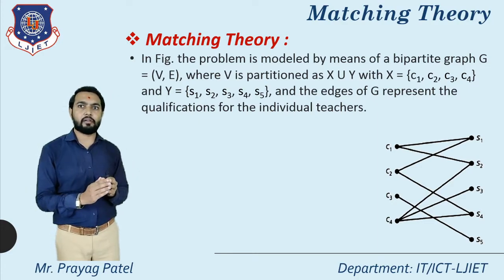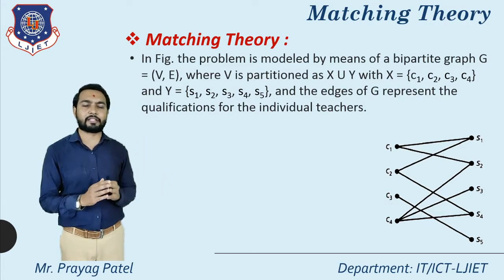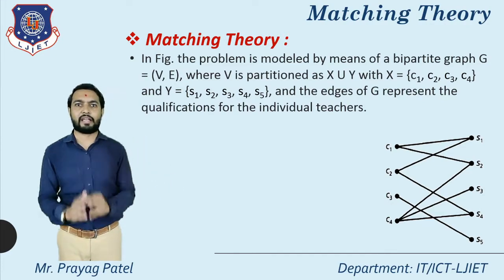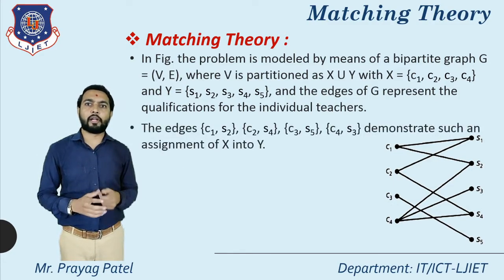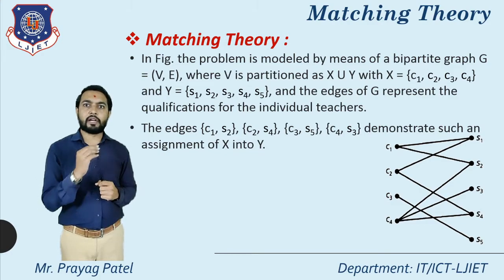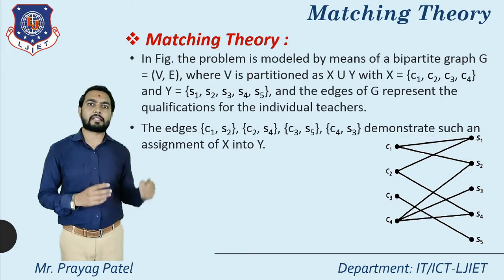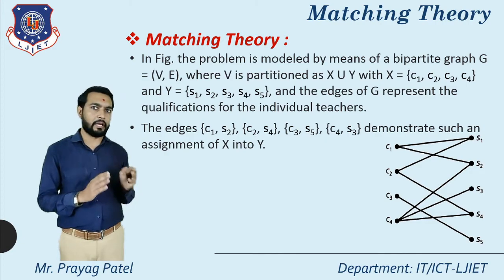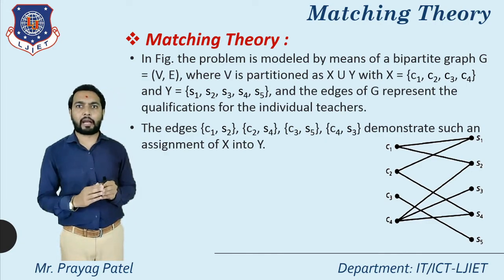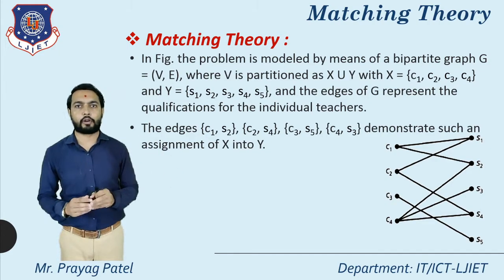This is the given qualification or interest, and you have to assign subjects to faculty according to their interest. Now the edges C1 S2, C2 S4, C3 S5 and C4 S3 are considered the solution for this assignment problem. That means assign subject 2 to faculty 1, subject 4 to faculty 2, subject 5 to faculty 3 and subject 3 to faculty 4.